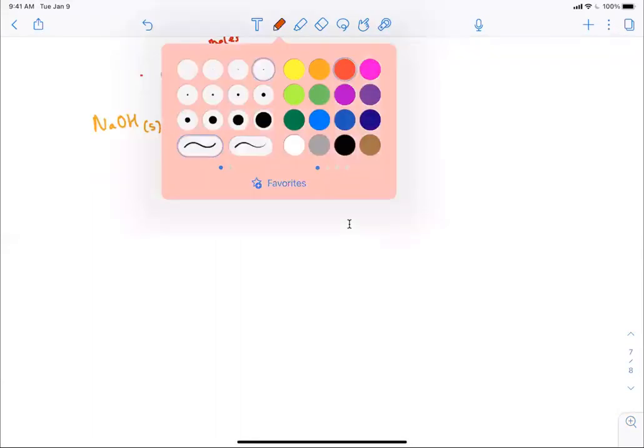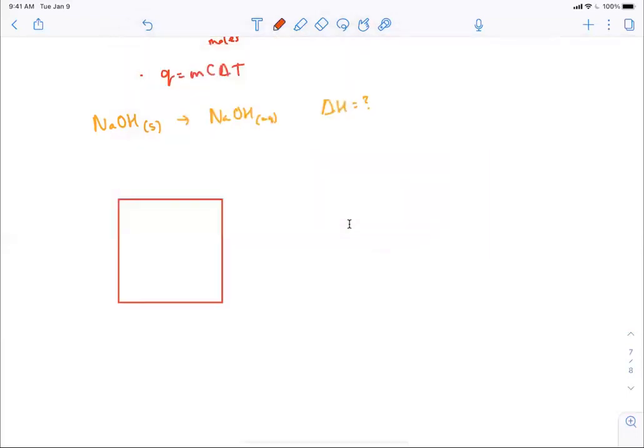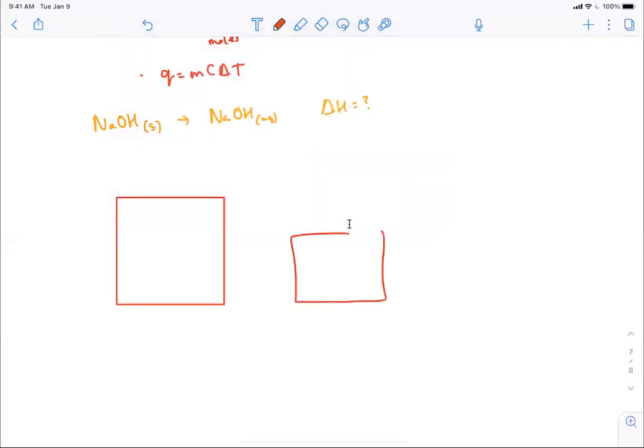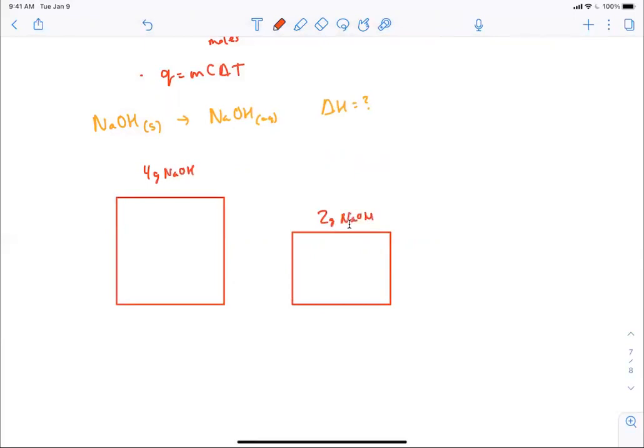What they'll do is give you two different beakers, and they'll put 4 grams of NaOH in here and 2 grams of NaOH in here. And they'll have 100 centimeters cubed of water here and 50 centimeters cubed of water here.